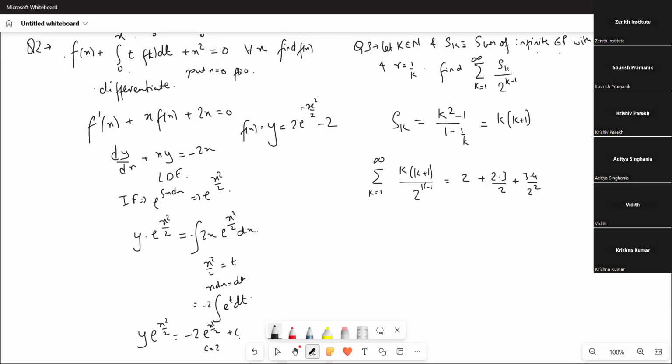So here x1 will not be there, because x1 will become 0. It will start from 2. See, if a is defined as k square minus 1, then for s1, k would be 1, which implies a would be 0. So if a is 0, the entire sequence will become 0 for s1.